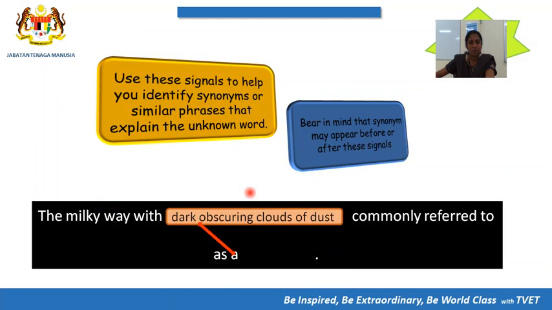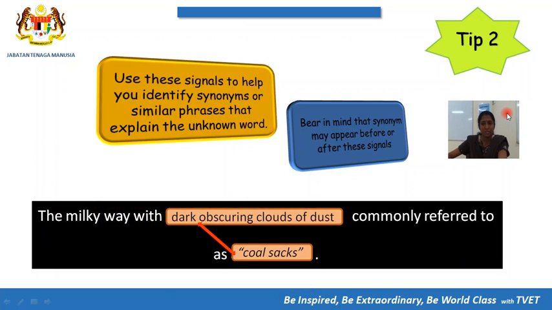Okay, let's go on with another example. This is tip number 2. We use these signals to help you identify the synonyms or the similar phrases that explain the unknown word. But bear in mind that the synonym may appear before or after the signal.